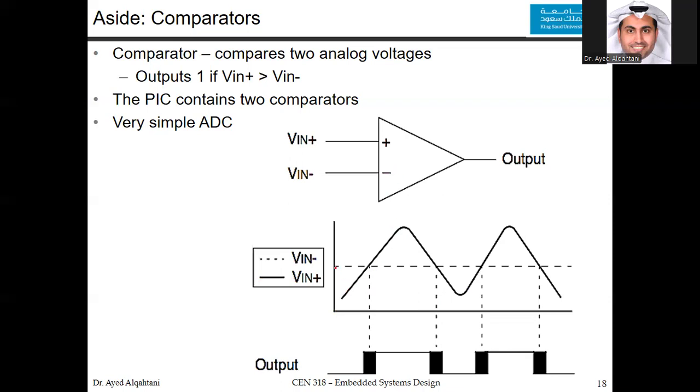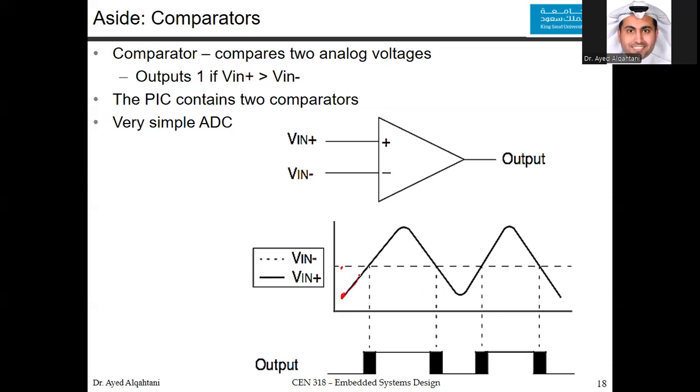Now let's say that the dotted line is Vn minus and the solid line is Vn plus. So you always do the comparison between the Vn plus and the Vn minus. Now here we see that the Vn plus is less than the Vn minus, so we have the value 0.